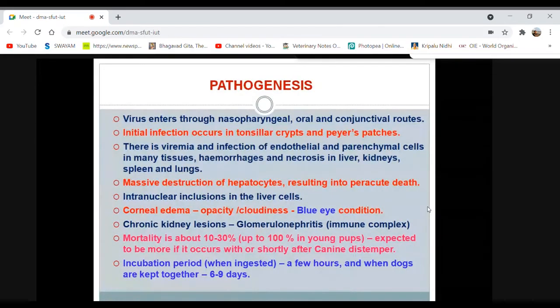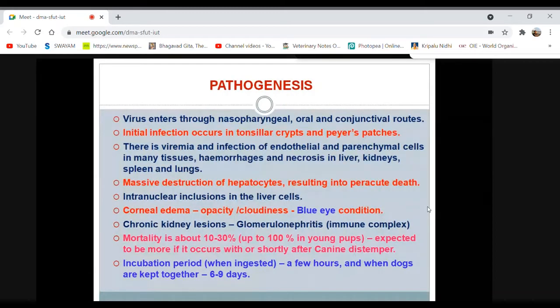In that case, when the eyes are affected, very typical here, I will show you this picture also just after this. Very typically, there is a blue eye condition, meaning bluish discoloration of the eyeball due to corneal edema leading to opacity or cloudiness and turning into a bluish color.